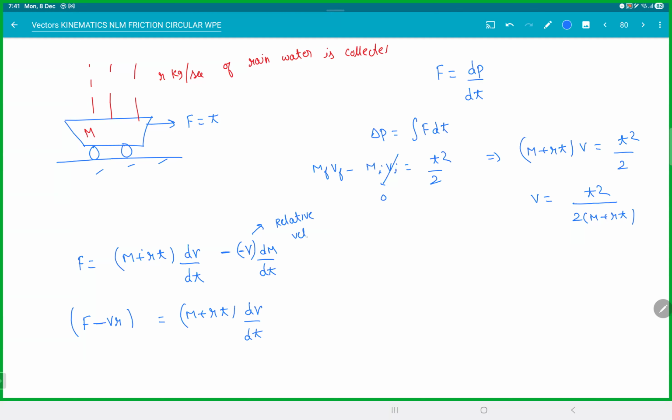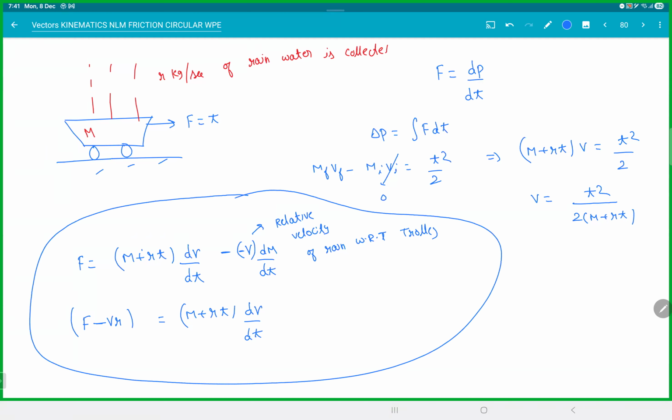It's a little confusing, but you could do it much faster. The trolley is going forward, the falling rain is going backward. Integrate this, you'll get the same answer. You won't get an exponential. You get logs on both sides and that thing goes off.